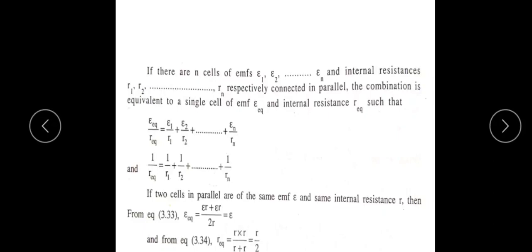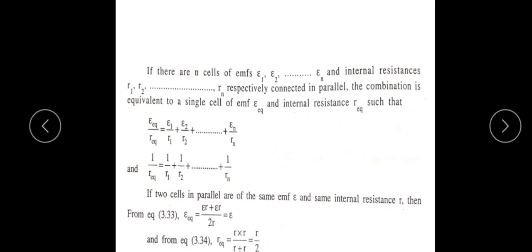In such a condition, the formula is E equivalent by R equivalent is equal to E1 by R1 plus E2 by R2 plus and so on, En divided by Rn. Then 1 by R equivalent is equal to 1 by R1 plus 1 by R2 plus and so on, 1 divided by Rn.